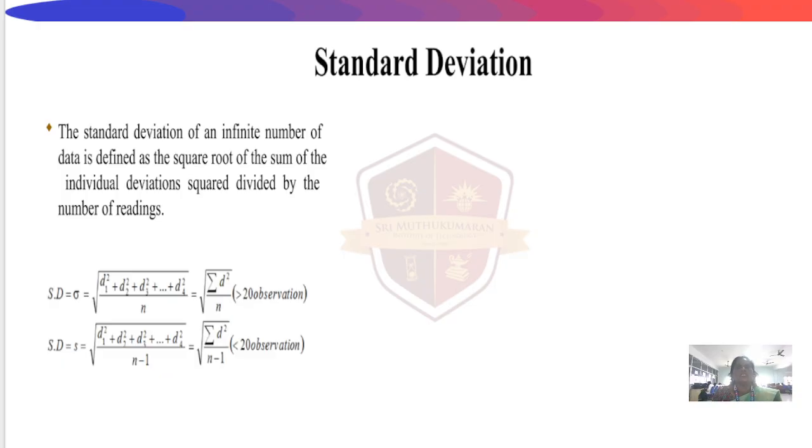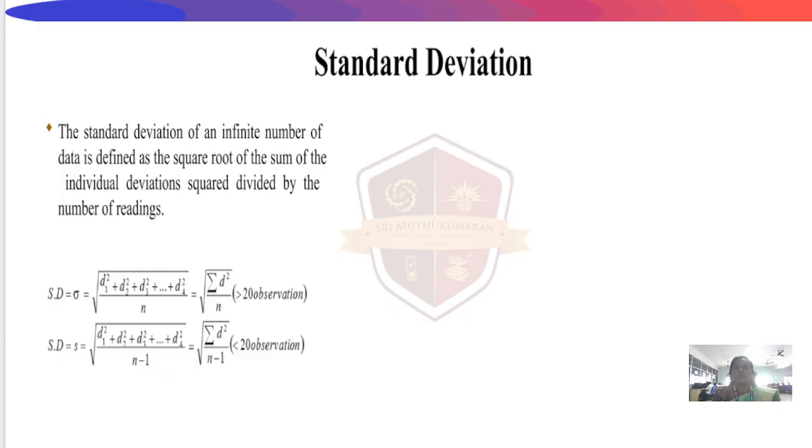Standard deviation is the measure of how much the readings vary from the mean value. It is defined as the square root of the sum of the squares of deviations divided by the number of readings. For a large number of observations, that is more than 20 readings, standard deviation is given by sigma equal to square root of sigma d square divided by n.